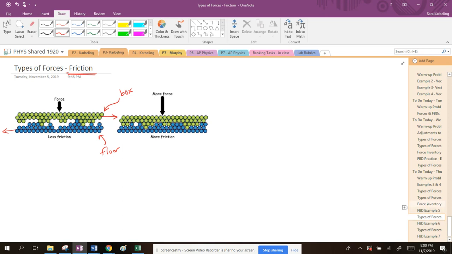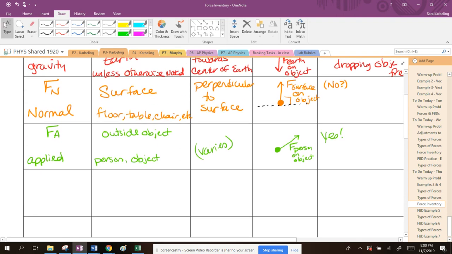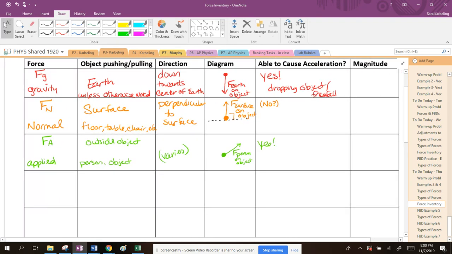Okay, so if we take a look in our force inventory, we're going to add the force of friction as the next force on our list. So go ahead and pull that piece of paper out. We're going to write down some information here. The next force that we're going to write is the force of friction, FF. When we talk about the object pulling or pushing, or the thing that's causing this force, remember that forces are interactions between two objects.